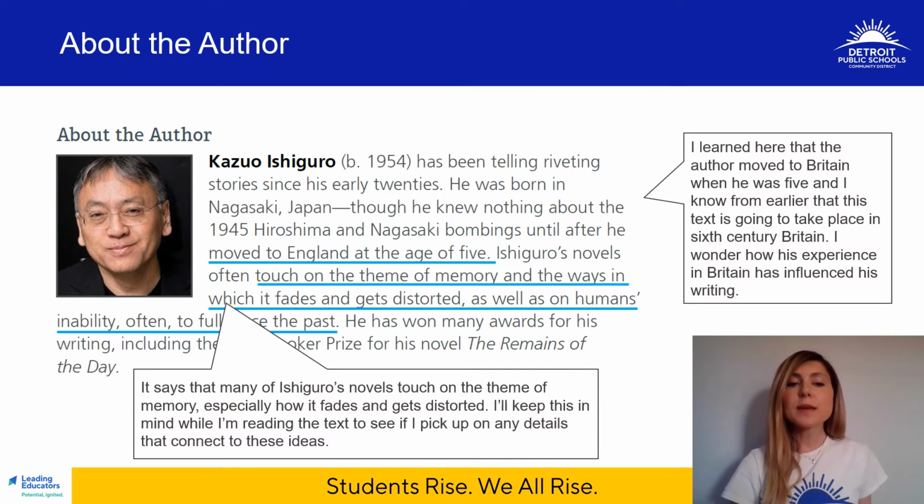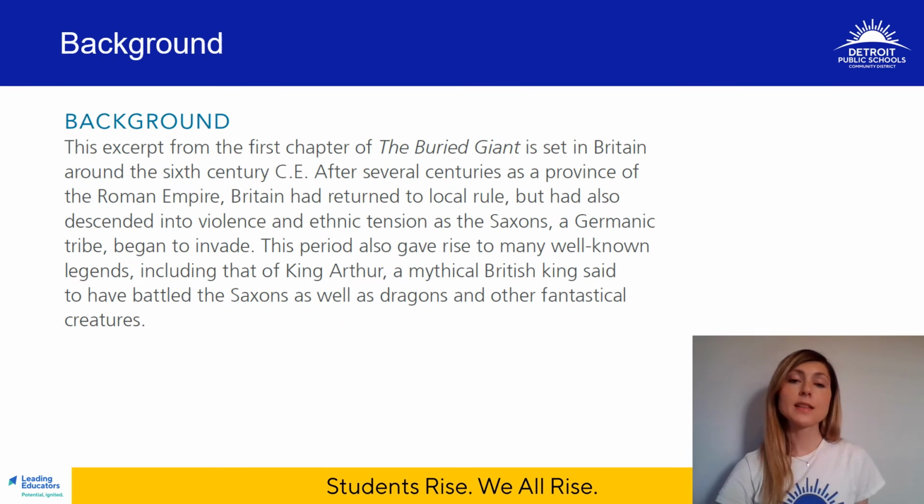I also note that many of his novels touch on the theme of memory, and especially how it fades or gets distorted. We all know that it's rare to remember something exactly as it happened. So I'll keep this in mind while I'm reading the text to see if I pick up on any details that reinforce these points. Now let's go ahead and read the background section together.